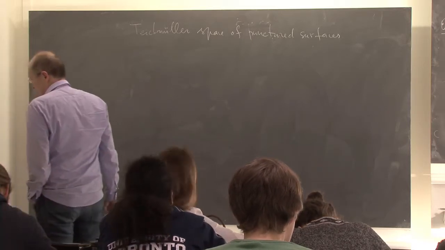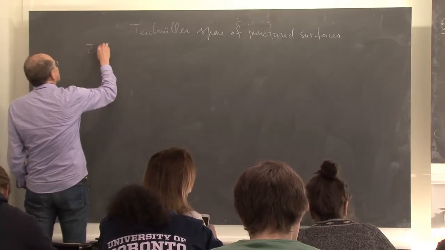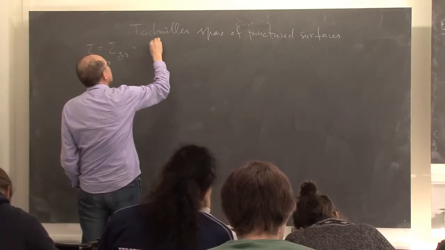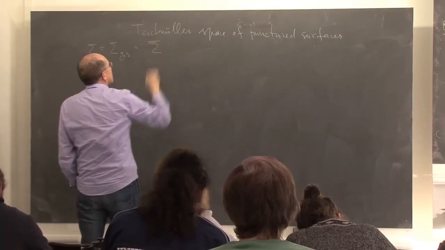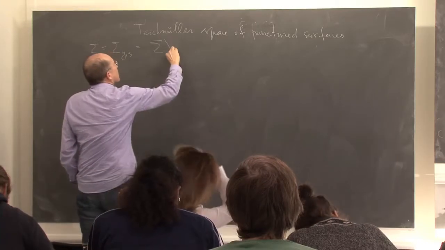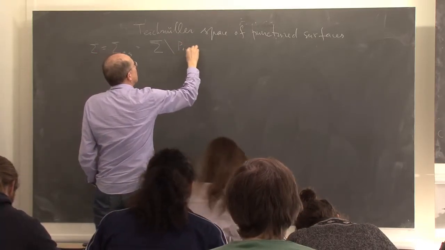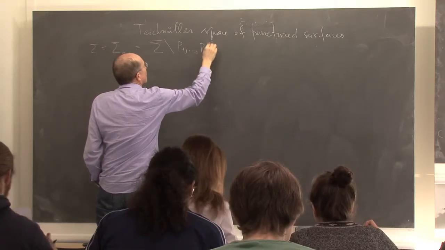So as last time, we consider a surface of finite type, the complement of a closed oriented surface of genus G of S points, called punctures.